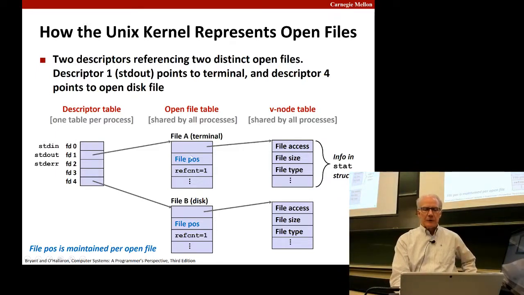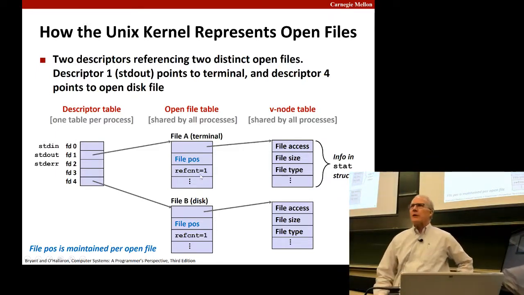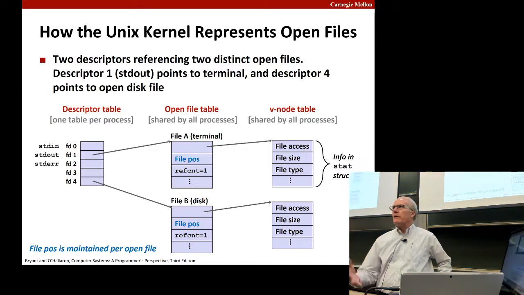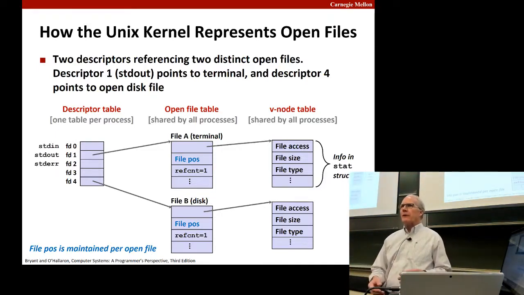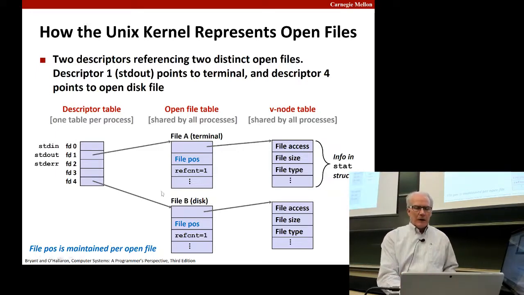The initial value when you first open a file is 1. But when you start sharing files, that reference count can increase, and when you close a file, you decrease that reference count.